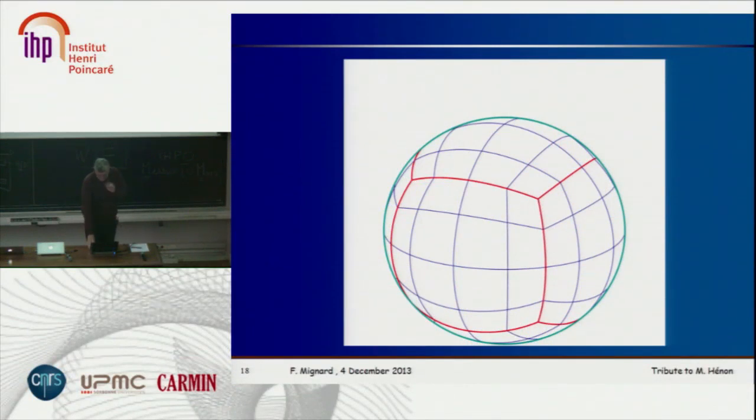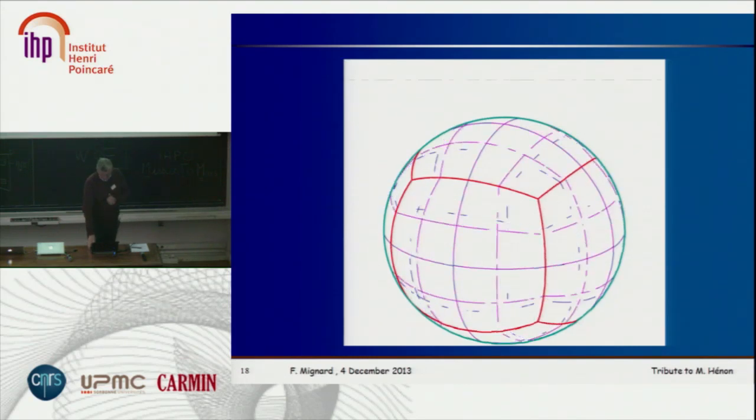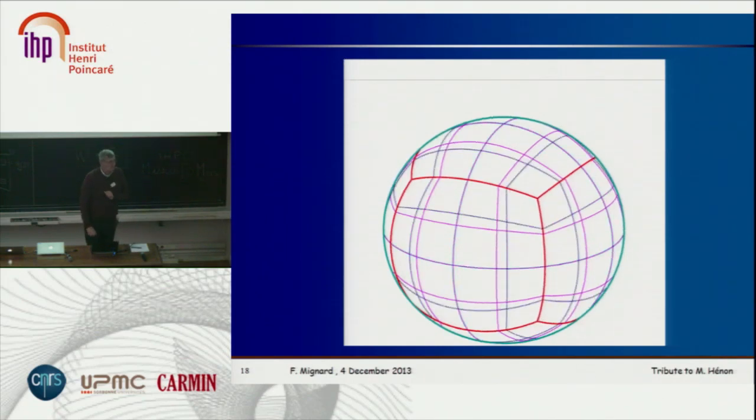To show you the comparison, this is the central projection, and then I superimpose the equal area projection. The blue one is the central one, the purple one is the equal area. You see, you don't divide exactly the same.